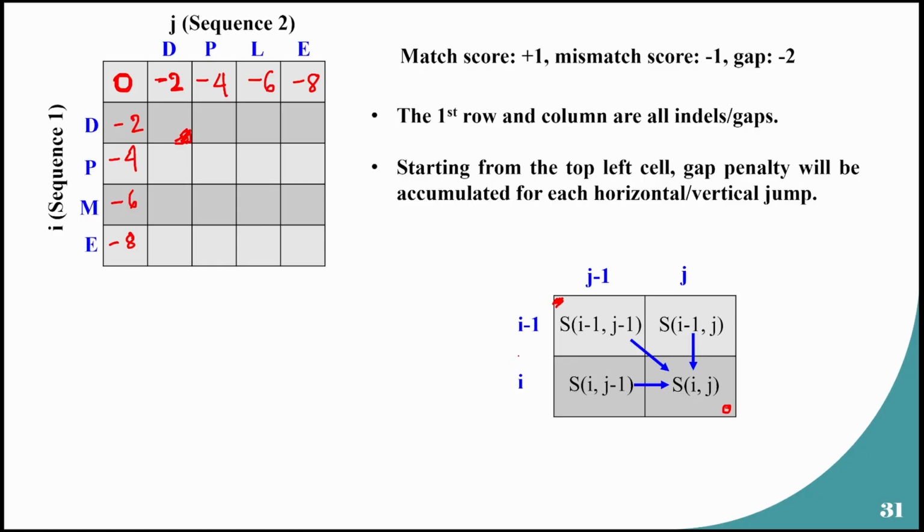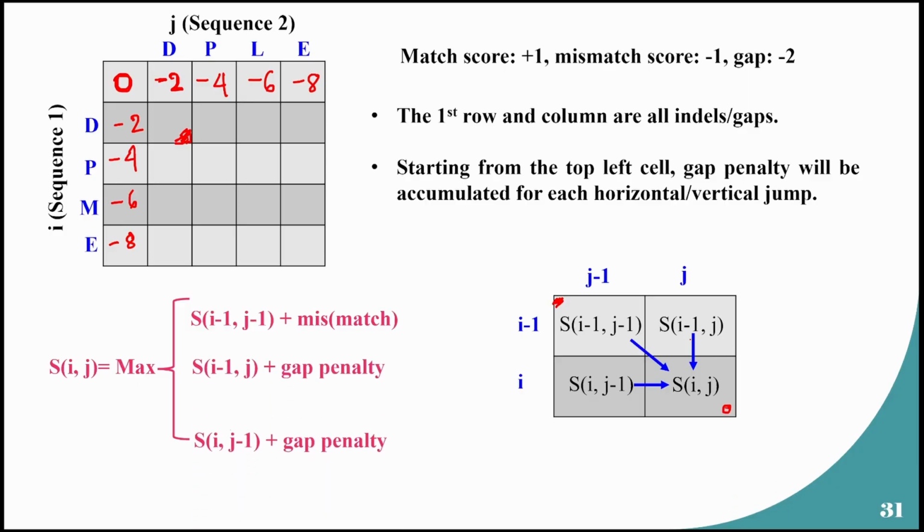You start from the cell S of I-1, J-1 and calculate the score of S(i,j). You do the same for the other two routes, and whichever is the best, the maximum score, gives you the score for this cell from the Needleman-Wunsch algorithm.